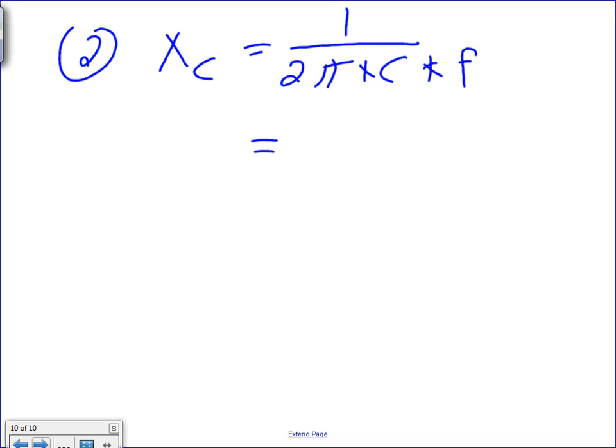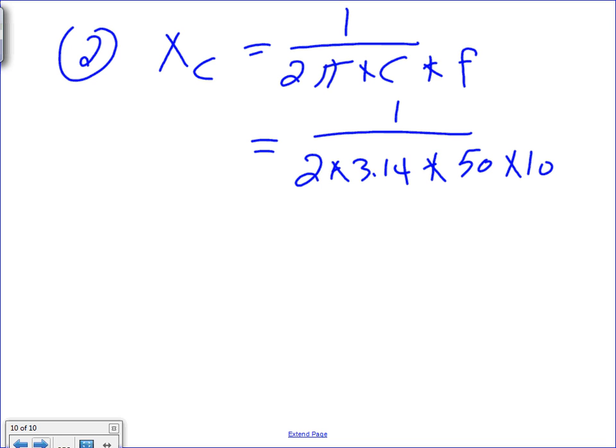Okay, so 1 over 2 times 3.14 times, what was the Henry? The third. 50 micro is 10 to the power minus 6. Now that's times, where are we here, Chad? Times 50. The frequency is 50.